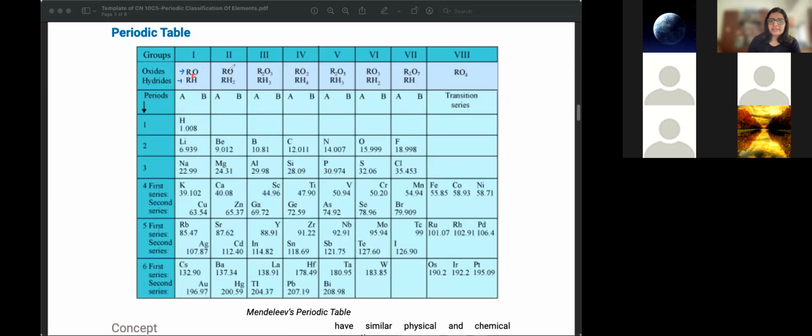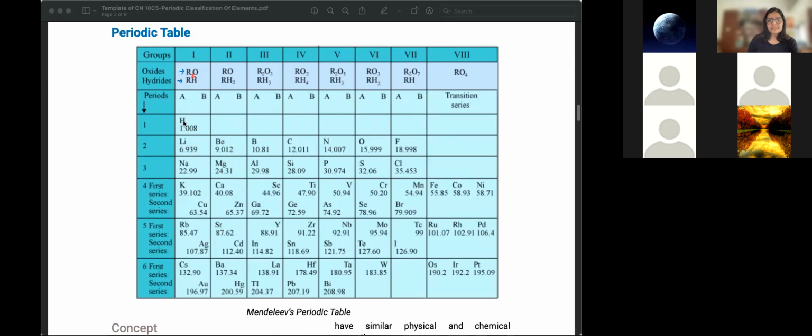And then he put all the elements that make oxides in the form of RO, like magnesium oxide, calcium oxide, strontium oxide. That way he went purely on the basis of physical and chemical properties, and within that he arranged them in increasing order of atomic masses.